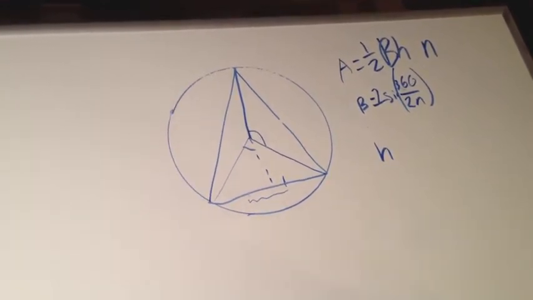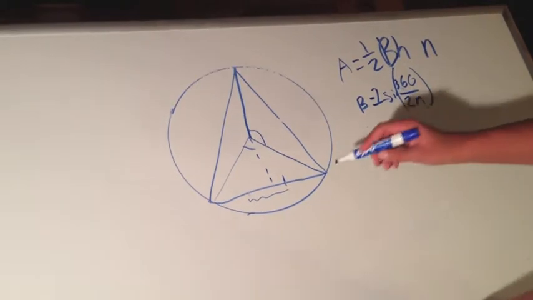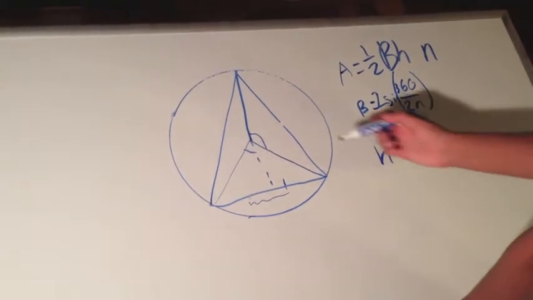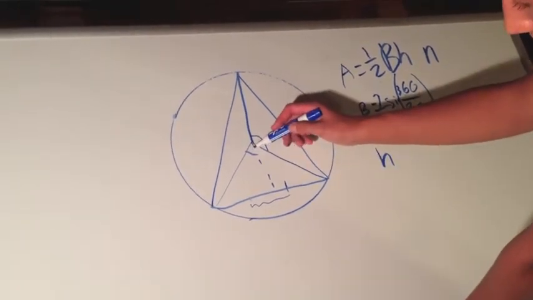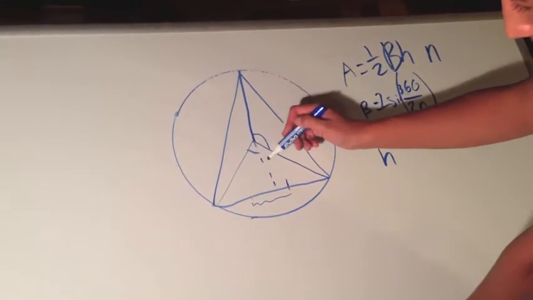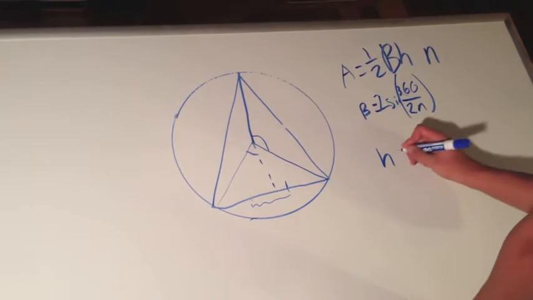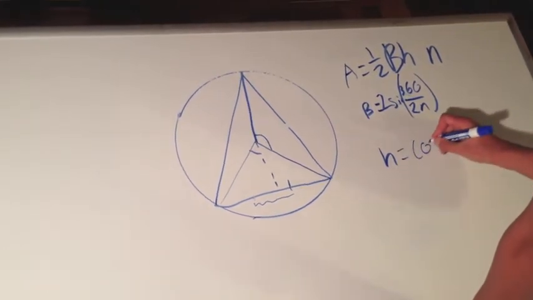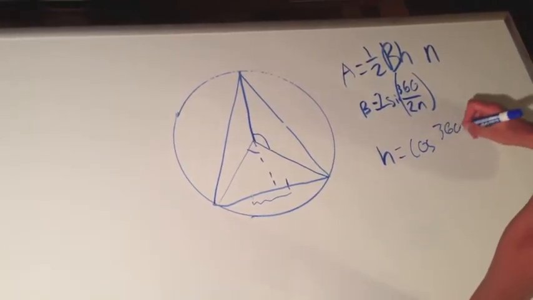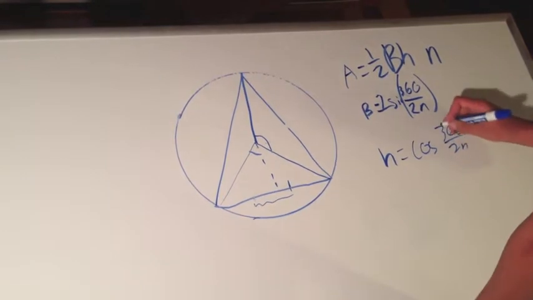And the height will be given by the cosine of this value, since cosine is adjacent over hypotenuse, and since the hypotenuse is 1, it'll just be the adjacent. So the cosine of 360 over 2n will give us the height.